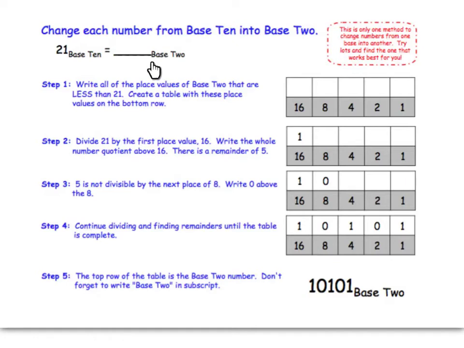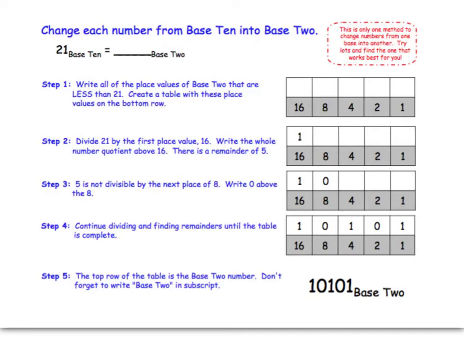Step number 1 says write all the place values of base 2 that are less than 21. That makes sense because this is 21, so this has to be less than 21. Create a table with these place values on the bottom row. Okay, looks like we've done that. Looks like we're doing good so far. Step 2 says divide 21 by the first place value, 16. Write the whole number quotient above 16.